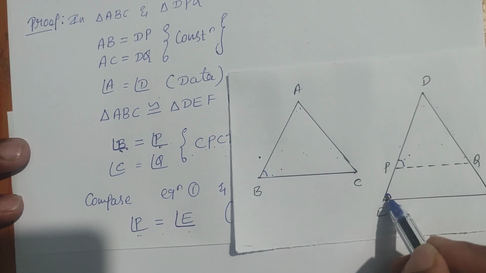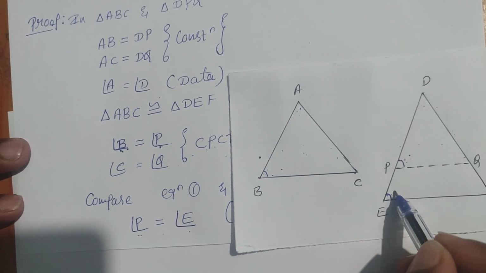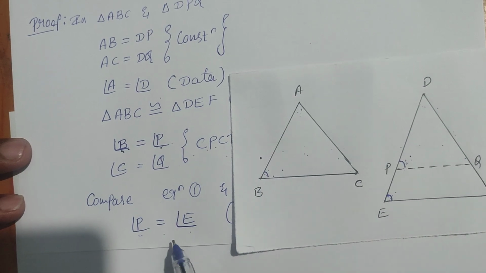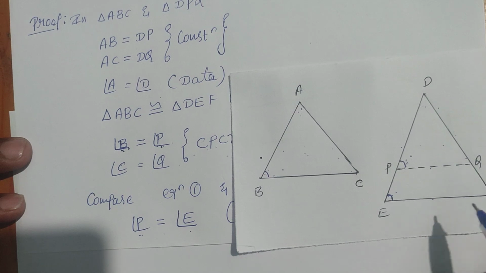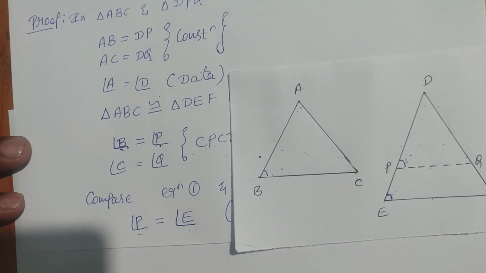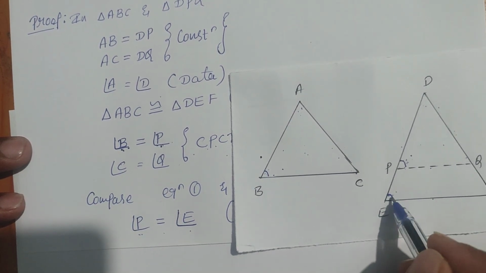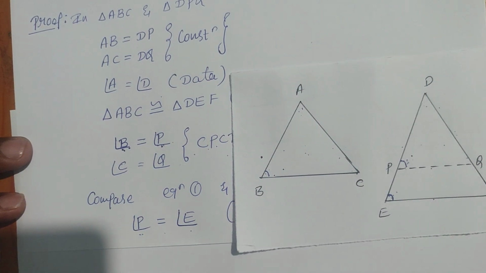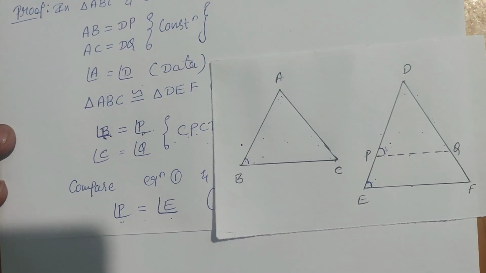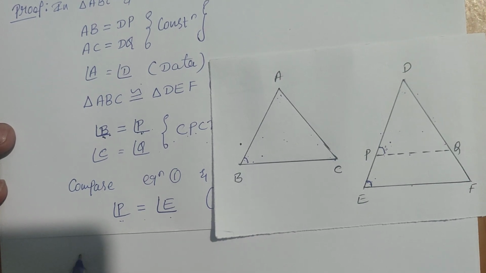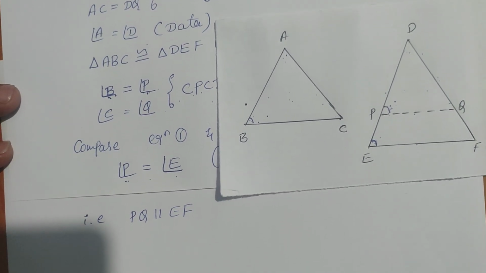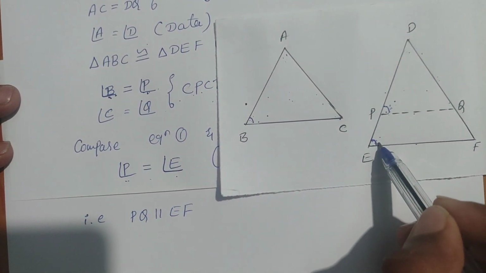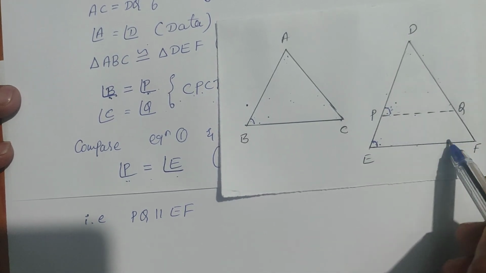Observe here, these two are corresponding angles. If the corresponding angles are equal, we can say that PQ is parallel to EF. You have to recall the previous knowledge, that if the corresponding angles are equal, those two lines are said to be parallel. So we will use that concept here: if angle P is equal to angle E, then PQ is parallel to EF.